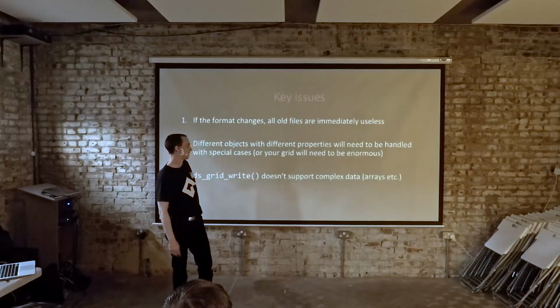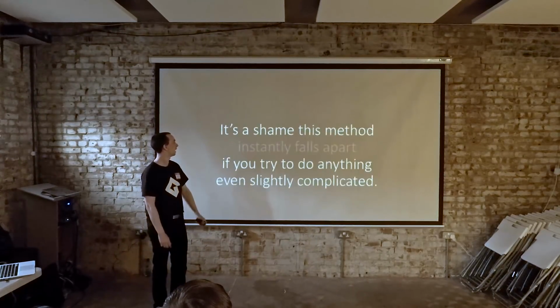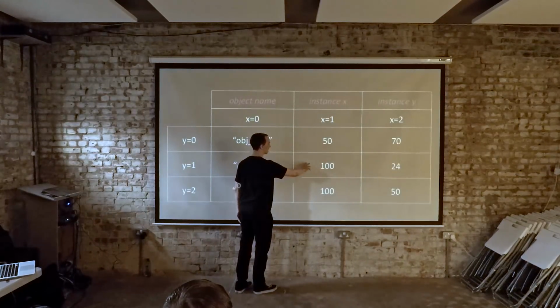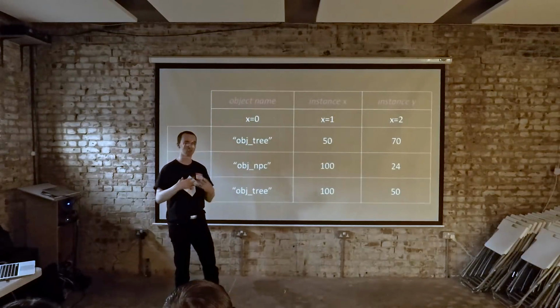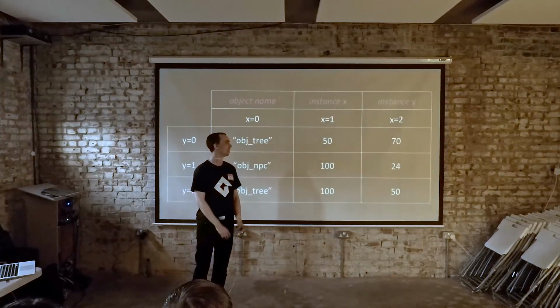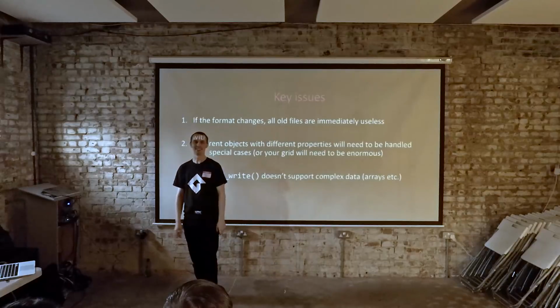And finally, dsGridWrite doesn't support nested data structures. So you can't go back to this table here and put in arrays. You can't make this an array. You couldn't make this a list. You couldn't make this a grid within a grid. So if you're trying to represent complicated structures that have depth to them, like a game does, you just can't use this basic method. So there's got to be a better way.